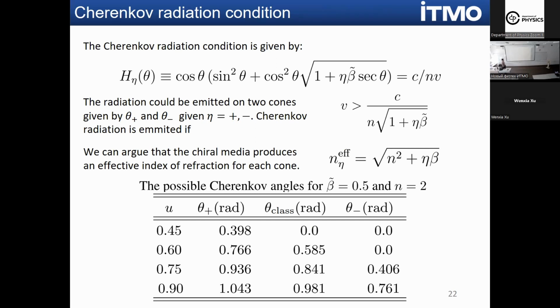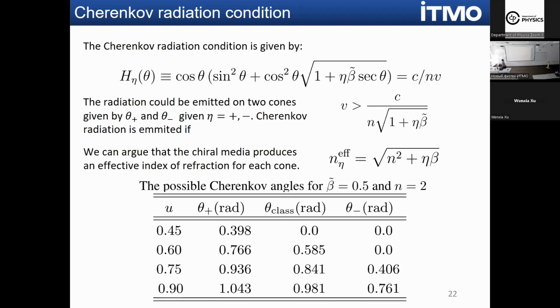Cherenkov radiation will be real if the velocity of the particle exceeds this threshold, this inequality. So by analogy to standard Cherenkov radiation, you can argue that the Carroll matter produces an effective index of refraction for each cone.